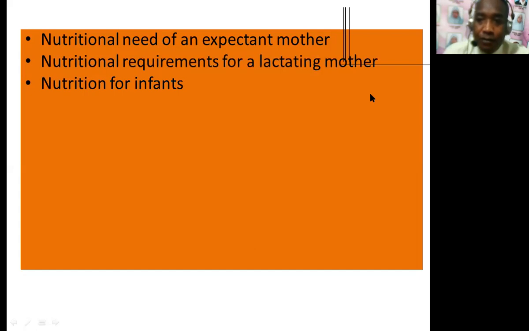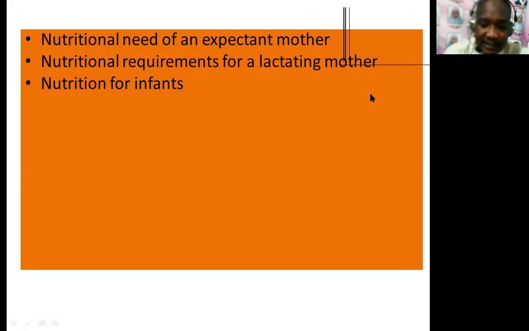Disadvantages of bottle feeding or cup: it is not convenient. The baby may be allergic to cow's milk. It does not bond the relationship between the mother and the child. Bottle food may not be balanced.